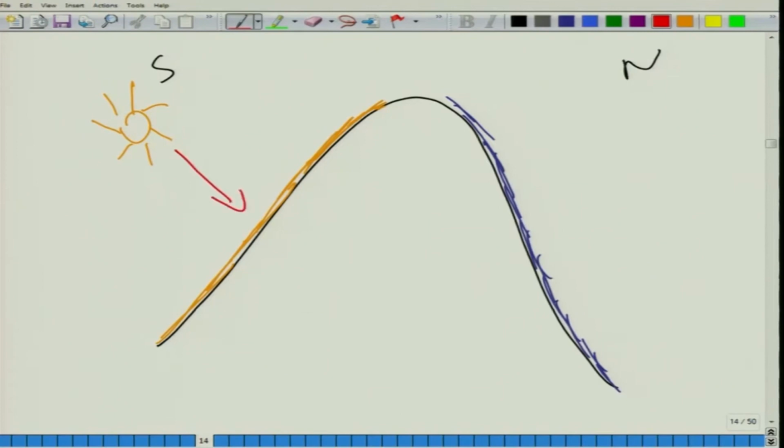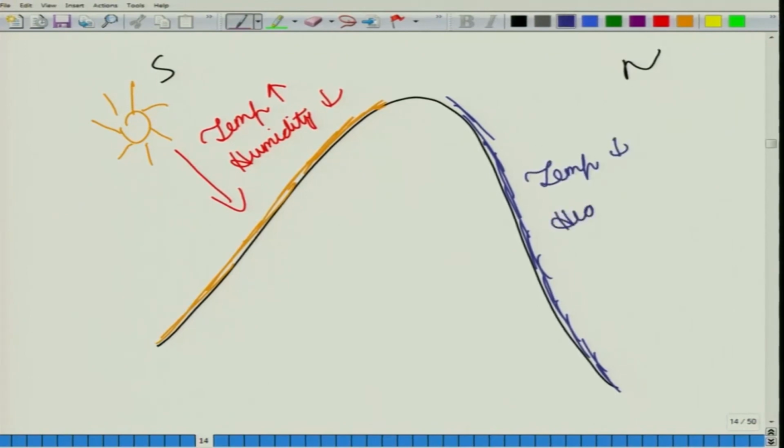Because this side is receiving sunlight, the temperatures will be higher and the humidity lower, whereas on the other side you will have reduced temperatures and higher humidities. So, essentially a tree growing here might appear very different from a tree growing here, but our generalized or local volume tables are not taking care of this value of the aspect. This is what we call the aspect of our site.